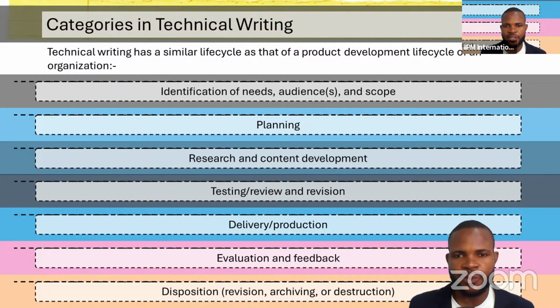For instance, in this presentation today, the target is to help you improve on your technical writing using generative AI. That's the need. If I speak about any other thing today that does not address this need, then I'm not doing technical writing, I'm doing something else. Somebody could say, this is not what I came here for.